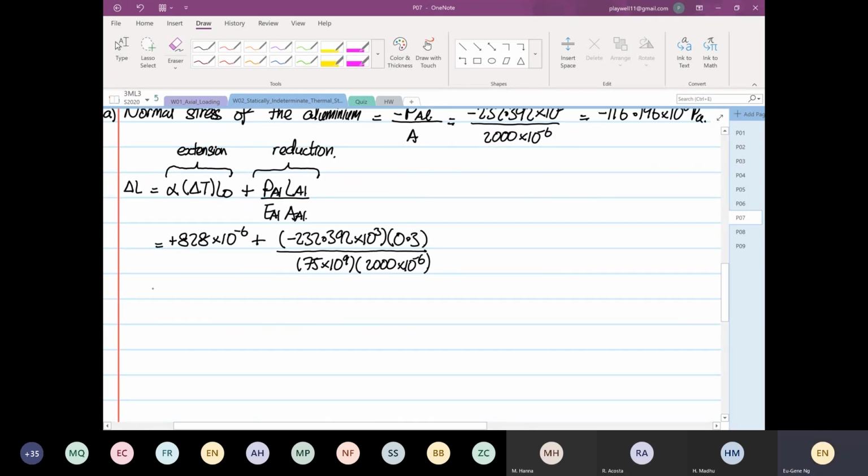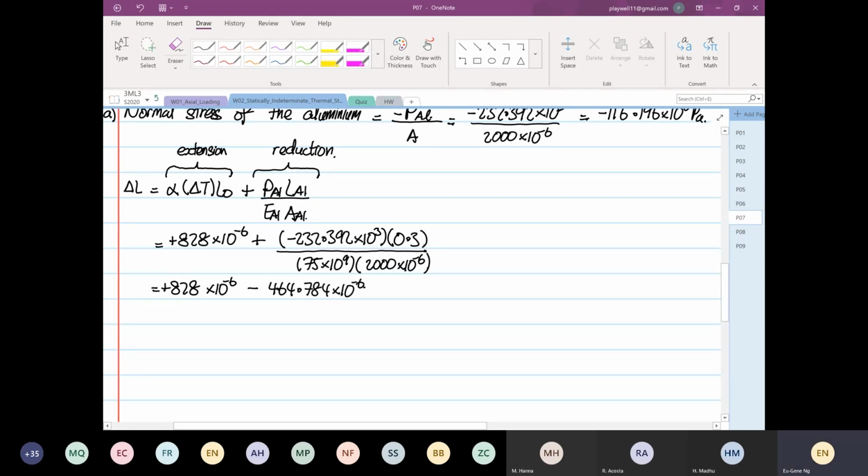So this will be equal to 828 positive times 10 to the power minus 6 minus 232.392 times 10 to the power 3 times 0.3 divided by 75 times 10 to the power 9 divided by 2000 times 10 to the power minus 6, which is 464.784 times 10 to the power minus 6. Let me do it again.